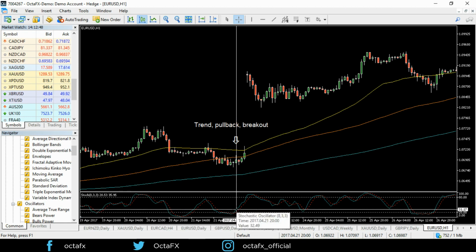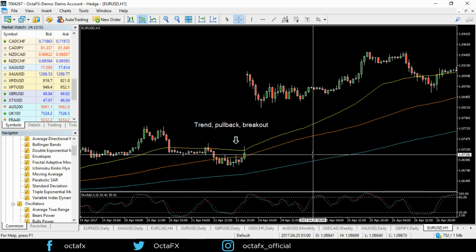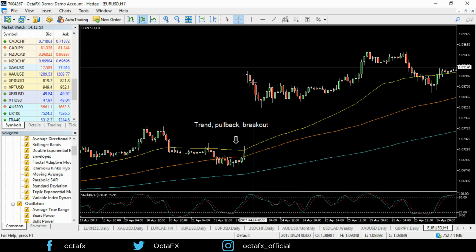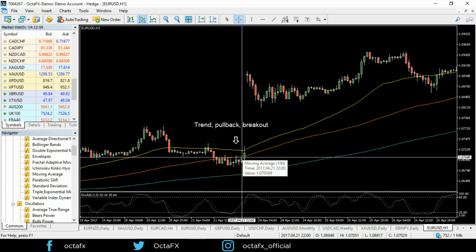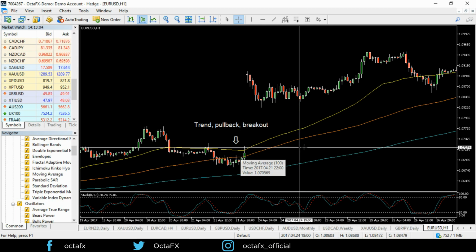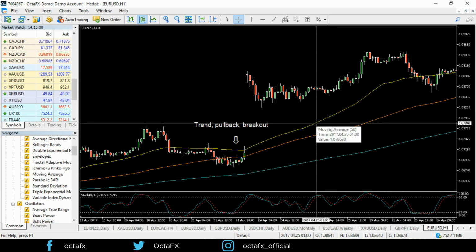Okay, so let me run through the rules again one more time. You're looking for a trend up or down. In this case, we're looking at an uptrend. You're looking for price to pull back to the 100 moving average. And keep in mind that when you're looking to identify the trend, you're looking for the moving averages to be all spaced apart, not crossing over. Remember, when we were looking at the other charts like gold and we looked at the crossovers, that's indicating a potential trend change being imminent.